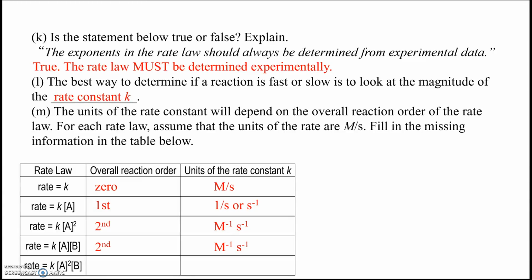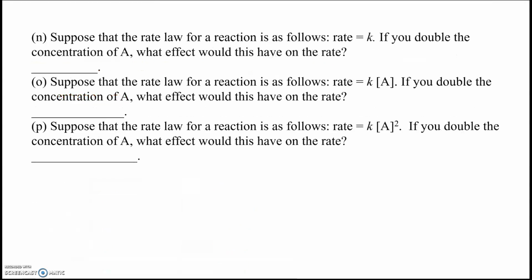And our last case is when I have K times the concentration of A squared times the concentration of B, or it might even be B squared times A. But either way, that's a third order reaction, and my rate constant is going to have units of molarity to the -2 times seconds to the -1.